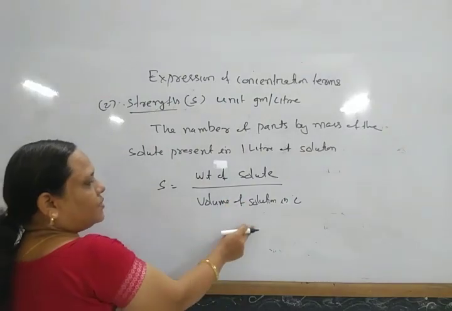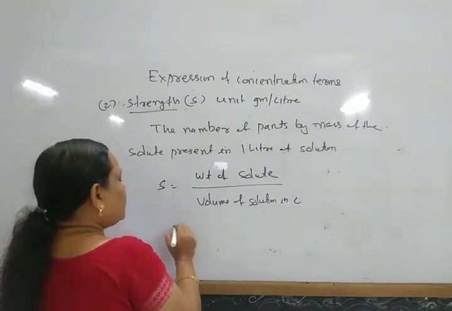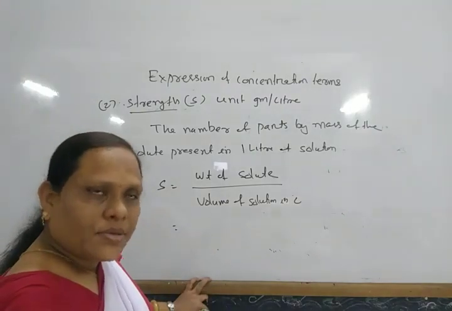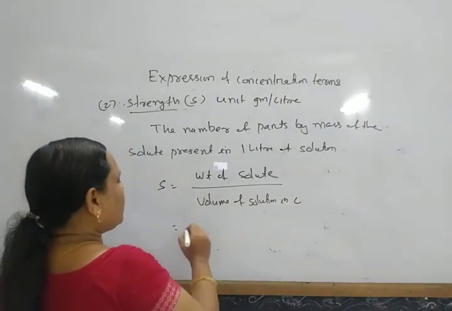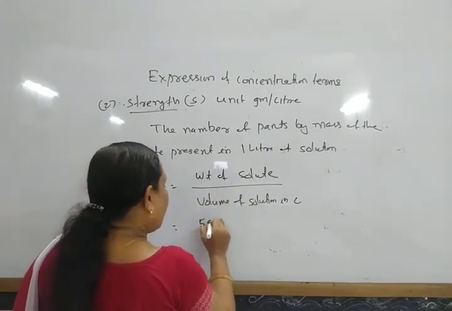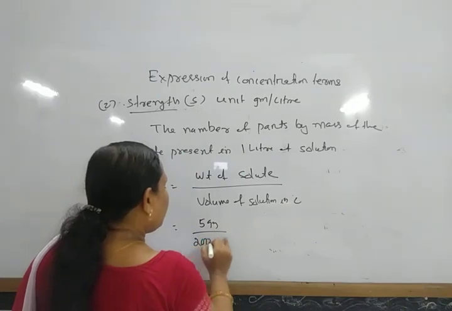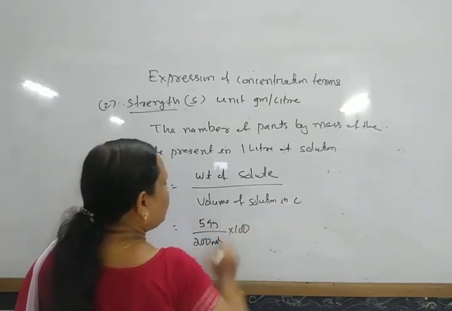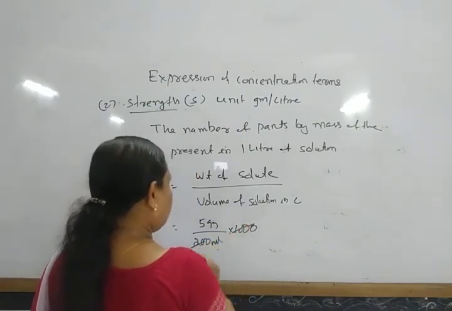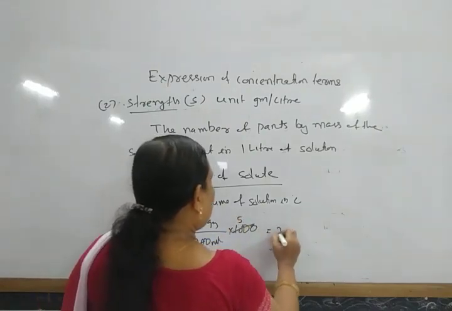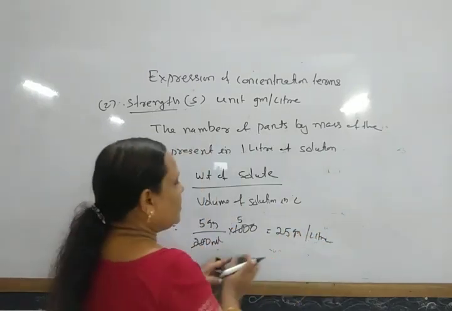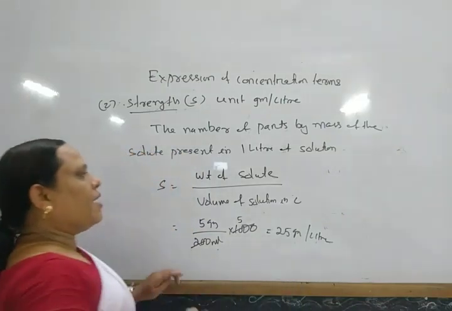So 200 ml of solution means weight of solute 5 gram divided by 200 ml into 1000. So that is equal to 25 gram per liter. So its strength is 25 gram per liter.